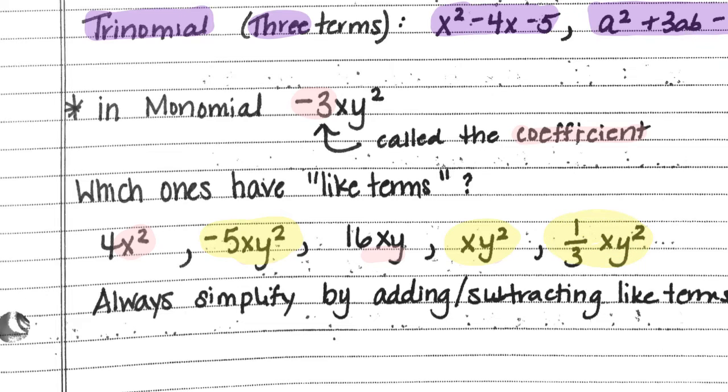So notice all of these in yellow are like terms. And 16xy looks like it's standing alone. And remember that we can simplify these by adding and subtracting like terms. So the only like terms here are the ones in yellow: negative 5xy squared, xy squared, and 1/3 xy squared.